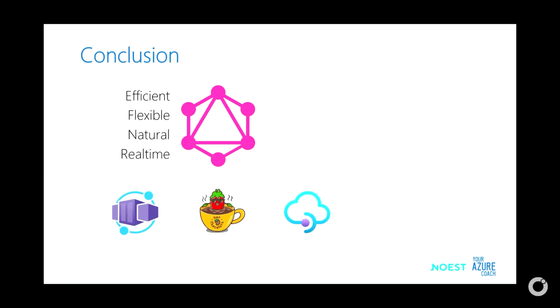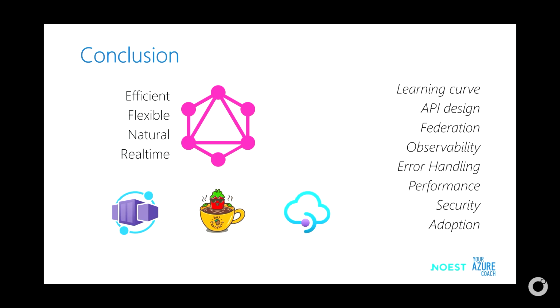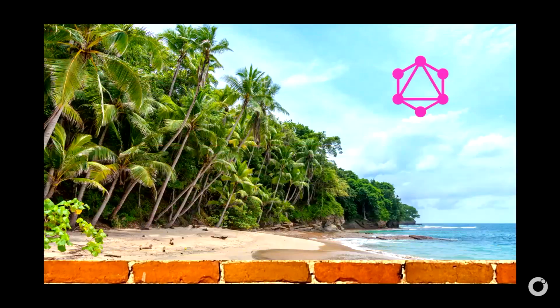You can use any compute service for that. Container apps is my new favorite one. Manage it with API management, and if you build it yourself, or go with the data API builder that does it automatically for you, or have full control with Hot Chocolate. Think about the learning, so if you would implement this, maybe watch this session again, so you don't hit the wall like I did. So don't hit this wall again, and just enjoy GraphQL Paradise.